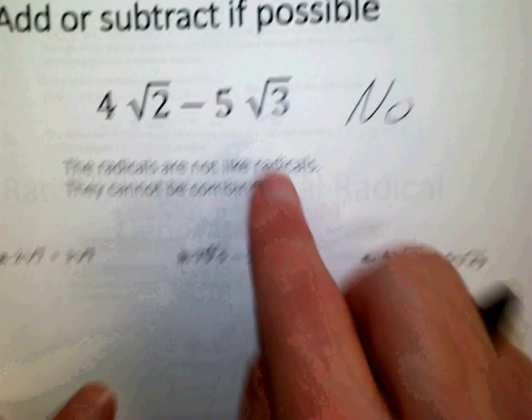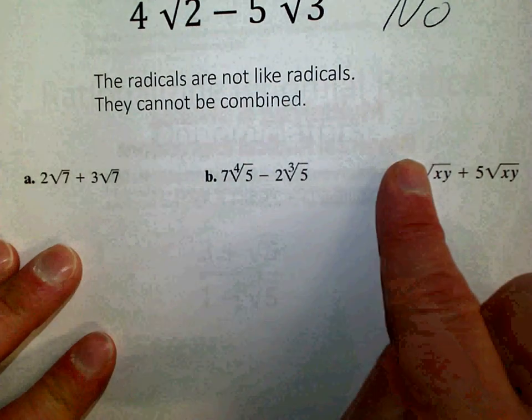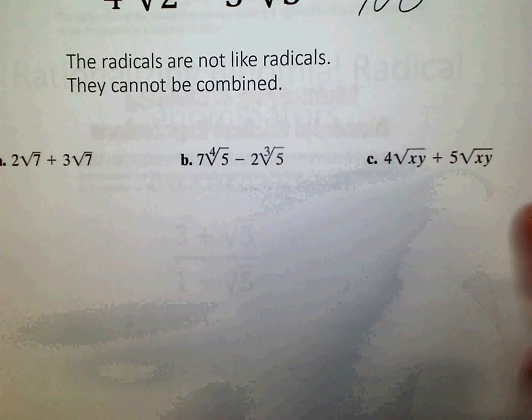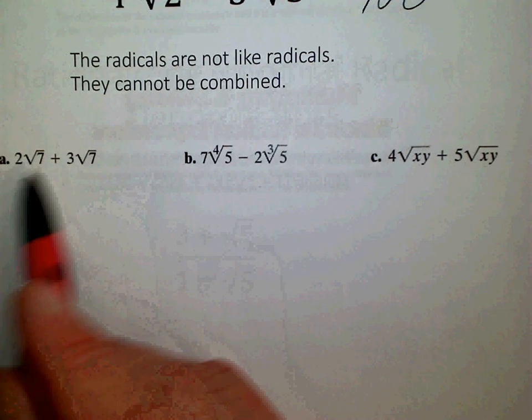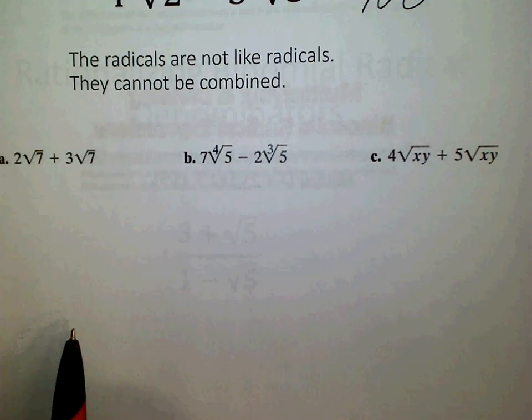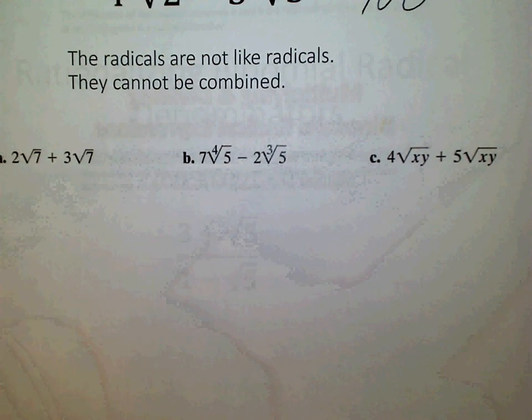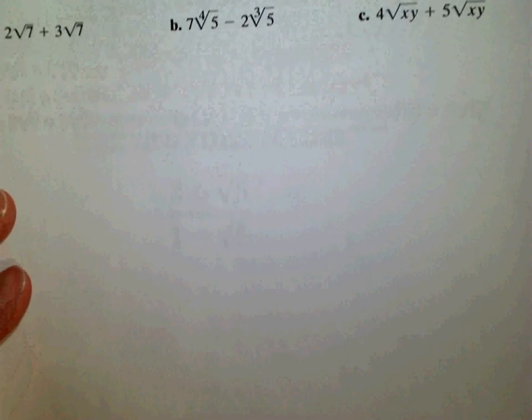Of A, B, and C, all I want you to do on your paper, if you have your notebook, is just circle the ones that can be added or subtracted. I don't want you to even do it yet. Just circle the ones that can be.